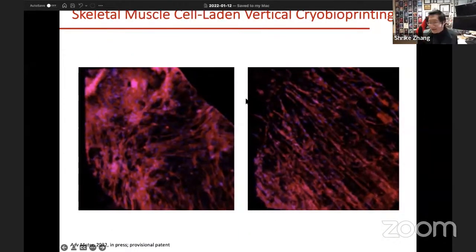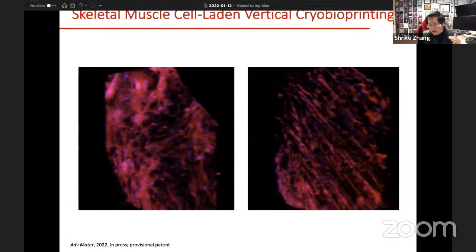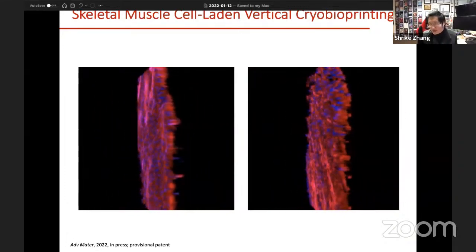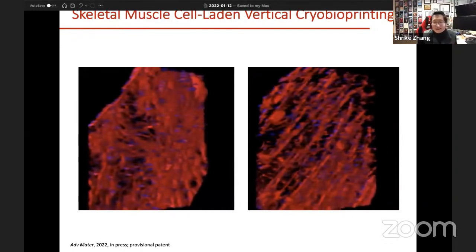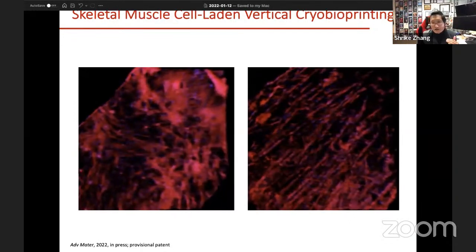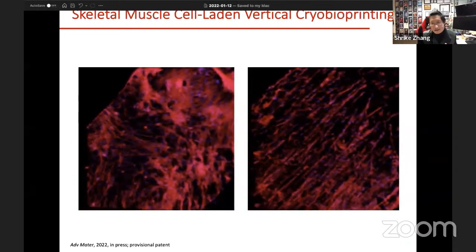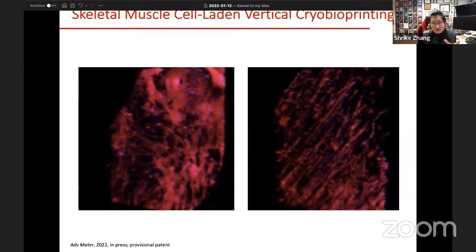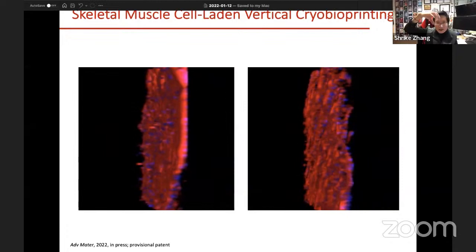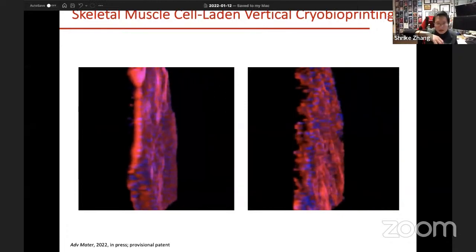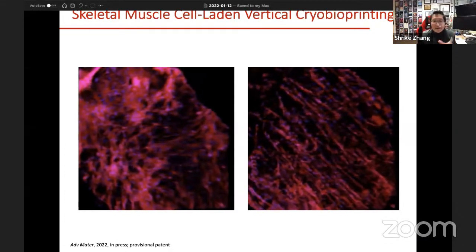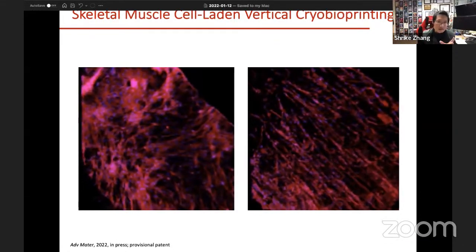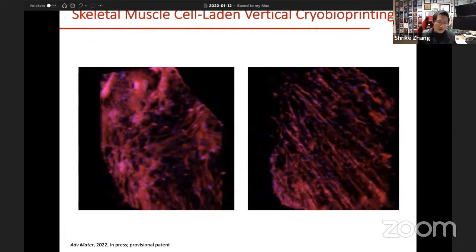So why is that important, right? So again, as mentioned, if you want to create models of certain tissues like skeletal muscles, because skeletal muscle cells are actually lined in one direction in the human system. With this setup, drawing the filament vertically and being able to create vertically aligned micropores in one direction, it can really align these skeletal muscle cells when you have cells printed during the same bioprinting process, right?